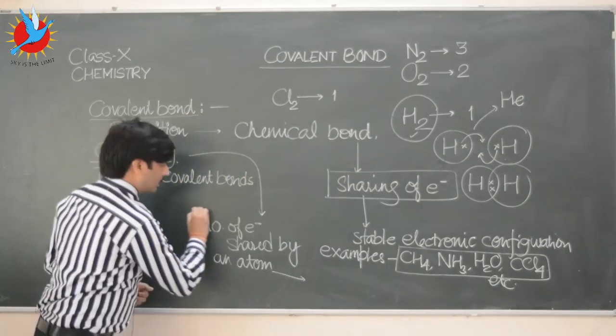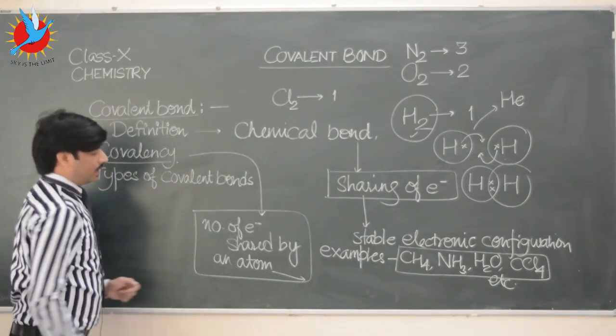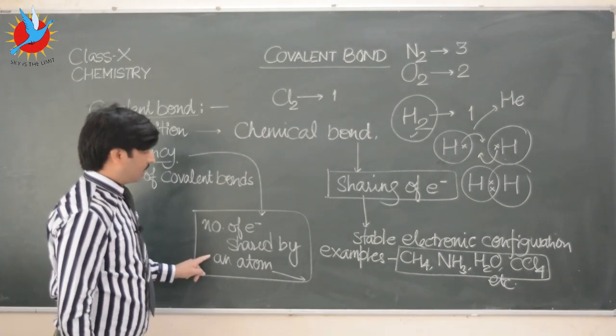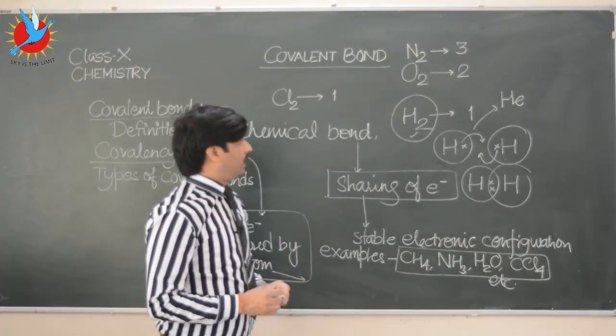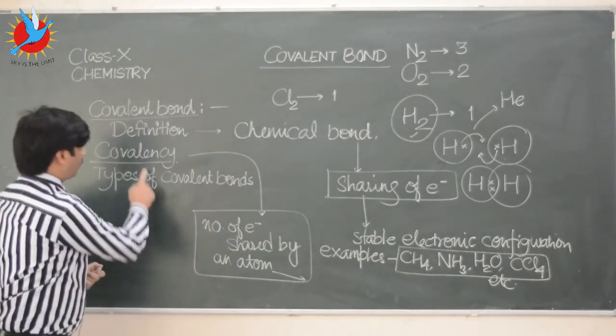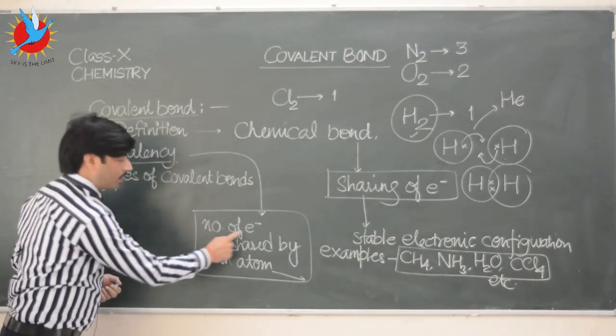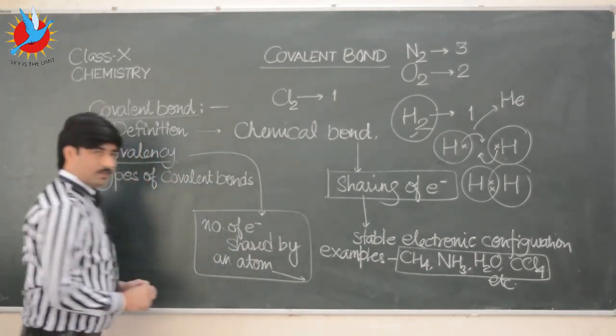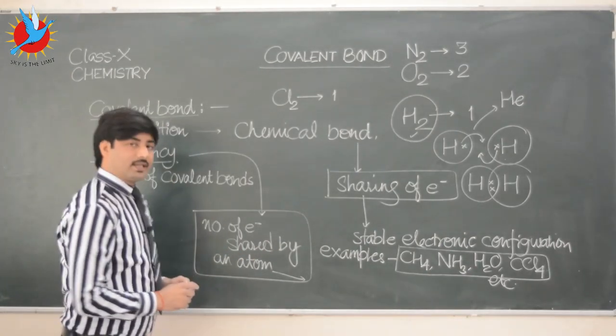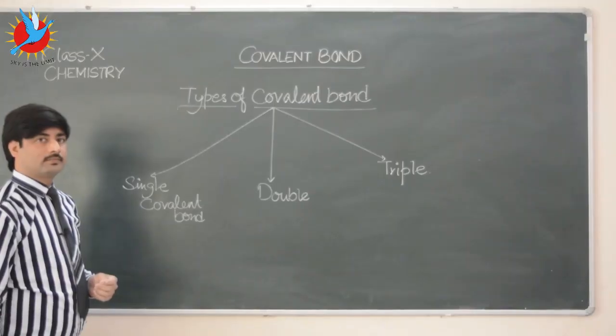It means the number of electrons shared by these atoms is equal to 1, 2 and 3 respectively. So what is the meaning of covalency? Covalency is the number of electrons which are shared by atoms to get the stable electronic configuration.